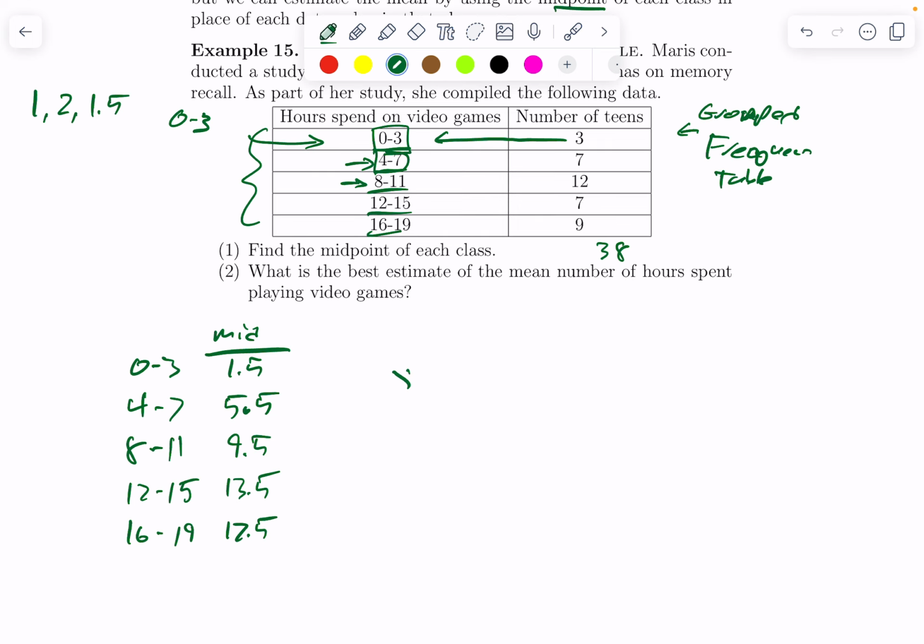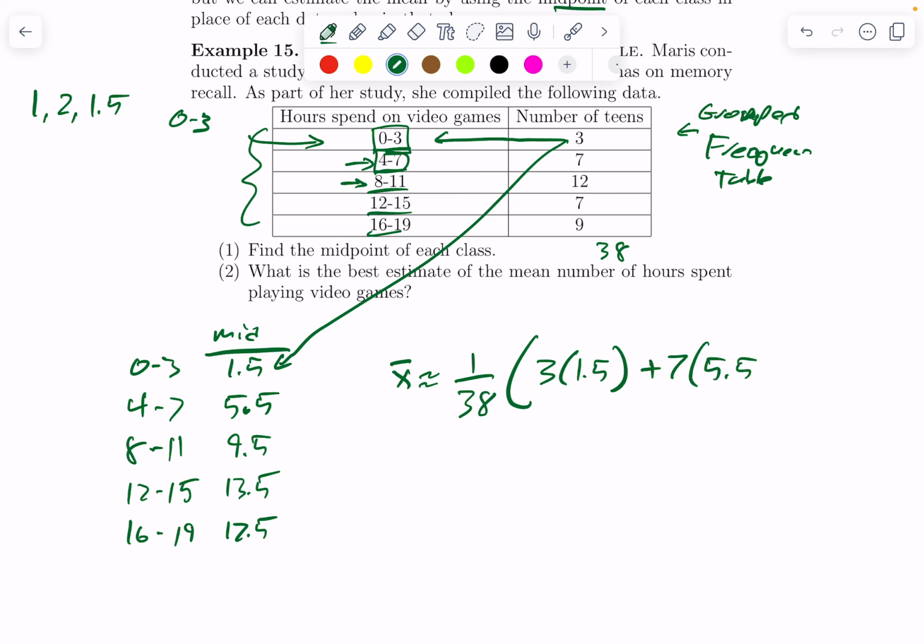And so then what I do is x bar is approximately 1 over 38, because that's the total, times 3 times 1.5, because there are 3 in the bin where the average value is 1.5, plus 7 in the bin of 5.5, plus 12 in the bin whose average value is 9.5, plus 7 times 13.5, plus 9 times 17.5.